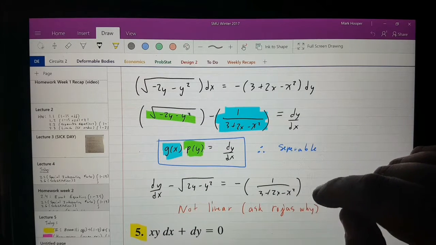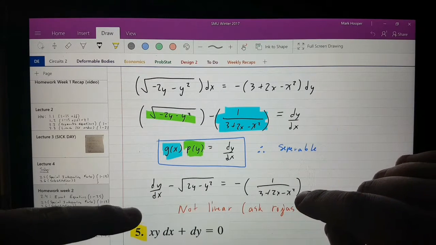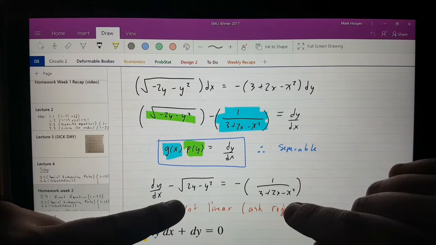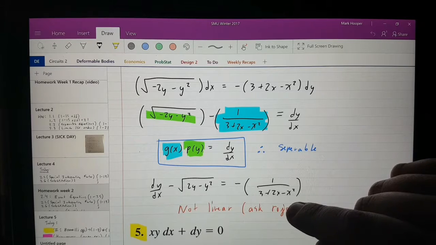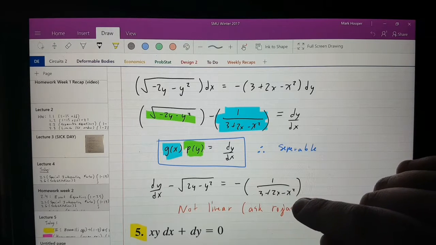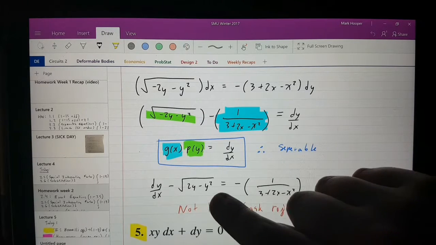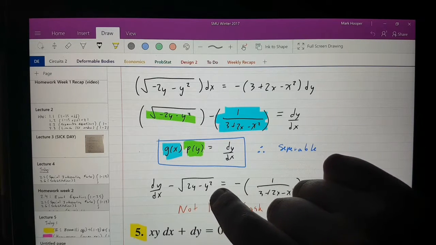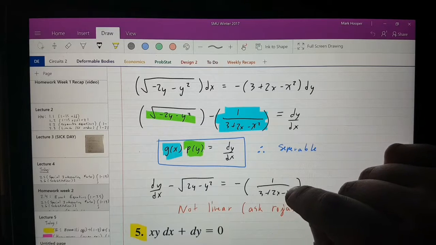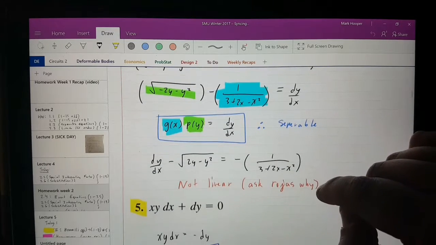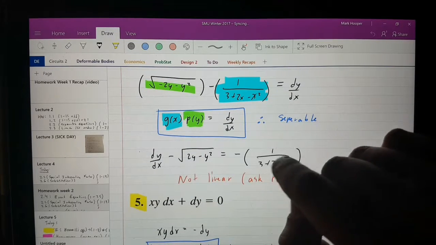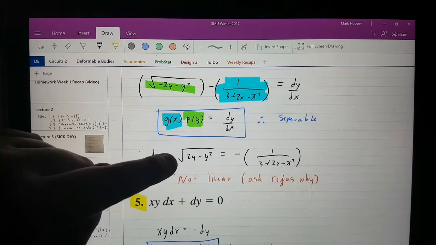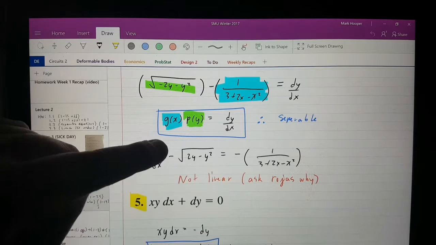This one's not linear, and I didn't know why at the time, but I was thinking that if I have y prime and then everything else that's just y with no derivative, it just needs to be y times the thing that's here. So this doesn't work because it's quadratic. That's why it's not there. This is a function of x, this is just dy/dx, but this one here is not just something times y.